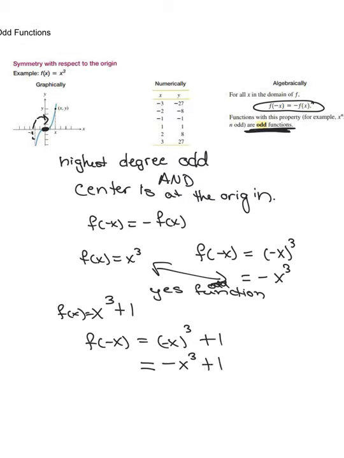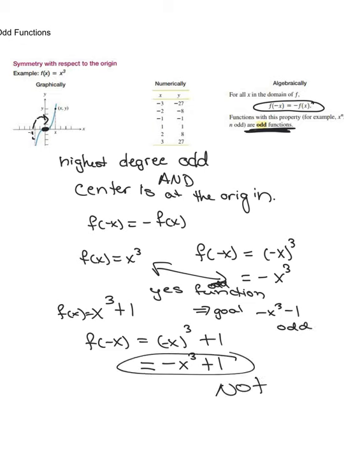Well, that's not the same as the opposite. If it was all opposite, you would have to change the whole thing. So your goal would be negative x to the third minus 1 for it to be odd. Because that's not what happens, this is not odd. Okay, and that is the algebra of odd functions.